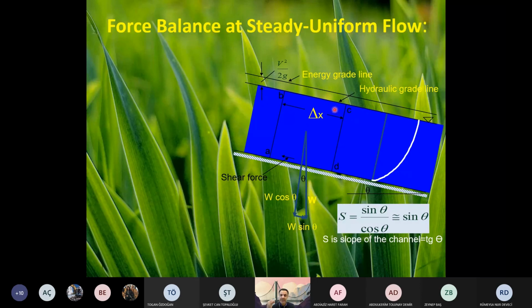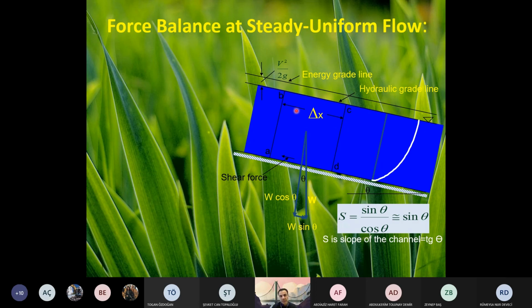So the second definition: in uniform flows, river bed or channel bed, hydraulic grade line, which symbolizes what? Water surface or free surface, and energy grade line are parallel. This is our second rule.